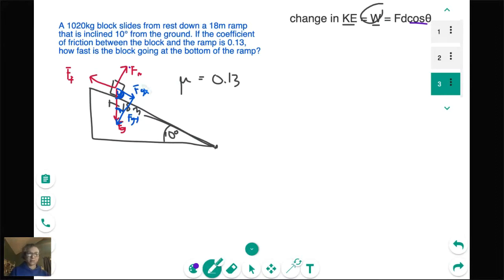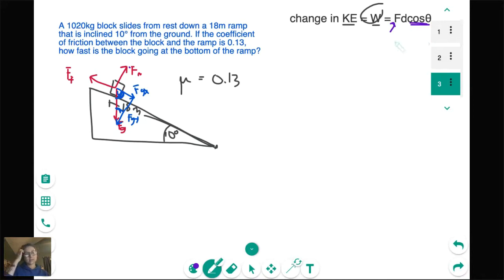If you're looking at this diagram and realizing that only FGX does work, I can see a trap where you would use FGX as the force in this equation, but then still do the cosine of 80 degrees, and then end up doing the cosine twice. So you want to avoid that.